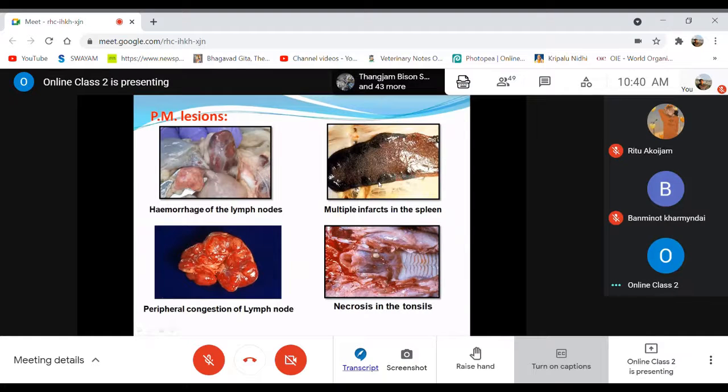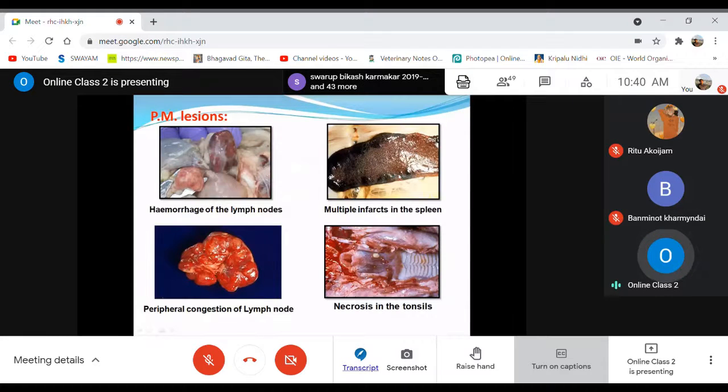The cells will go on dying, with necrosis of these cells. Infarction means that due to deprivation of the blood supply to this part, the cells die and become necrotic lesions. Those are known as infarcts. So multiple infarct lesions will be there at the margin of the spleen.